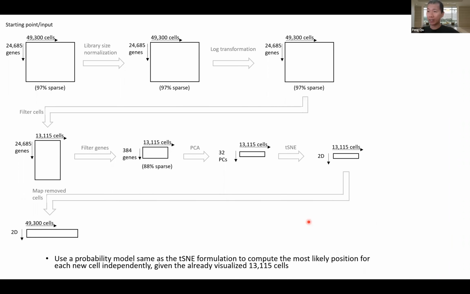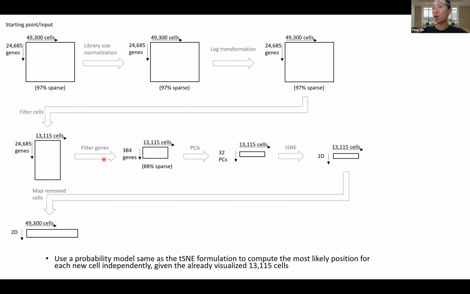Now, what they did next was, this t-SNE step was able to map, say, these 13,000 cells onto this 2D space. But remember, earlier on, we had a step to filter cells, and three quarters of the cells were filtered away, right?